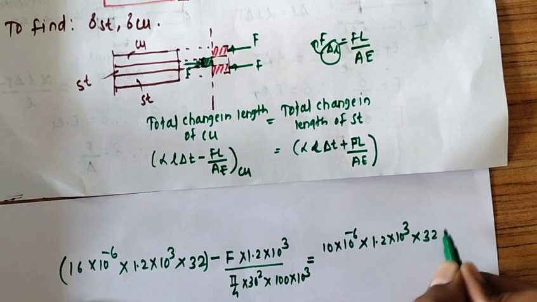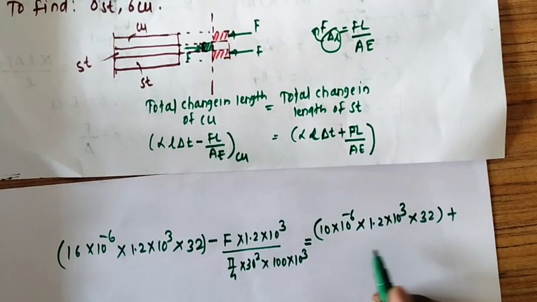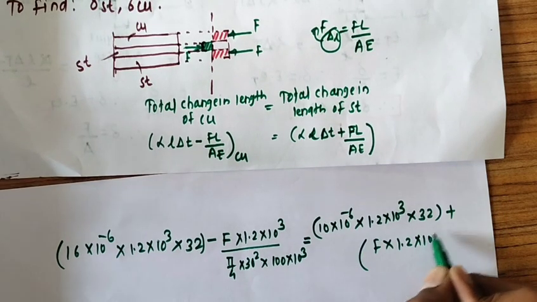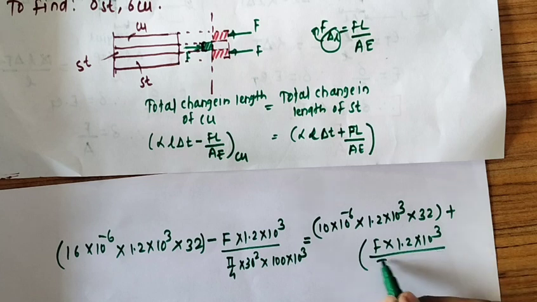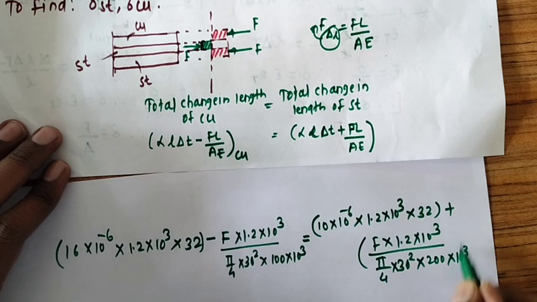Delta T is the same, 32. But here it is plus F L upon A. So F into L, 1.2 into 10 raised to 3, upon pi by 4 into 30 square, into E. E value for steel is 200, so 200 into 10 raised to 3.